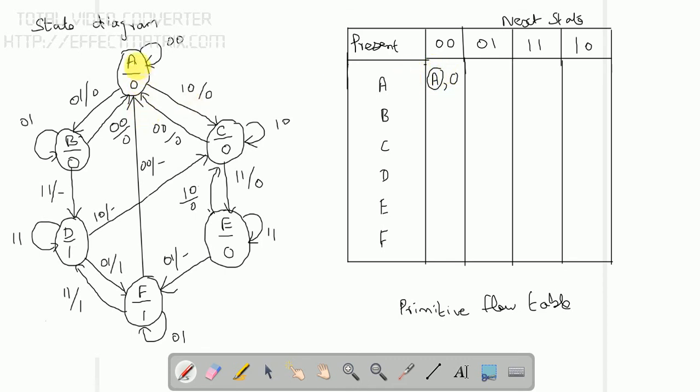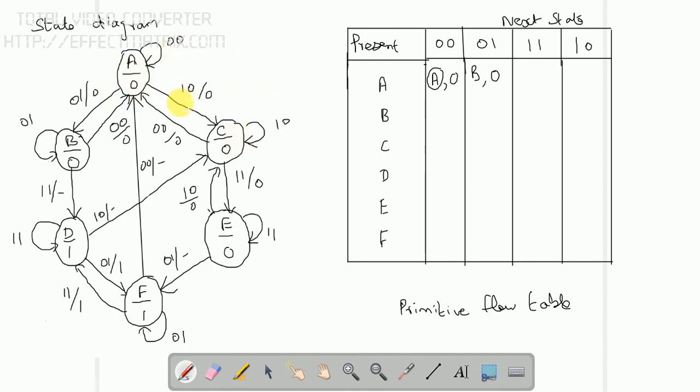Now A goes with 0 0 to 0 1. So A to B, so B has the input of 0 1. So B, comma, the output of B is 0. Next, A to C, that is 0 0 to 1 0.